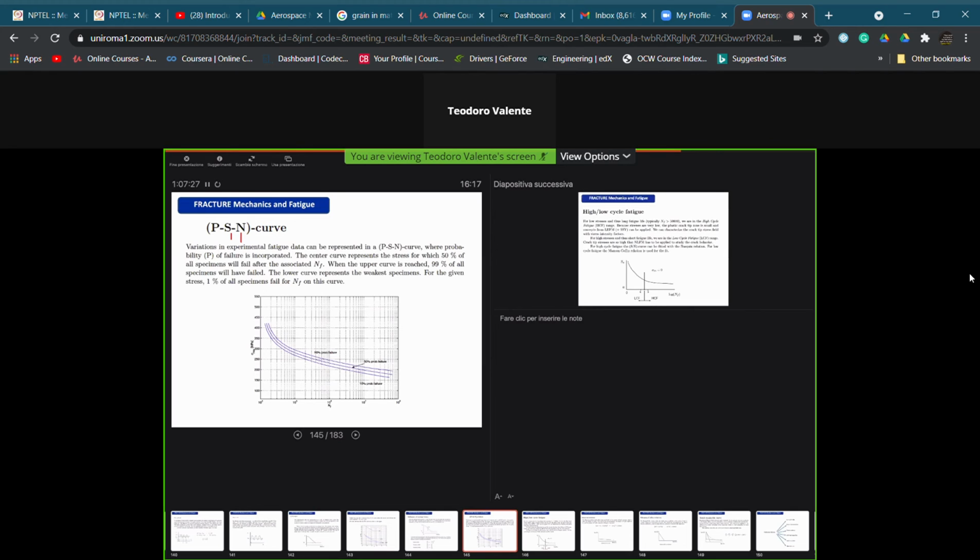But since fatigue rupture has a probabilistic aspect, when you have just one curve, usually that one refers to 50% probability of failure.